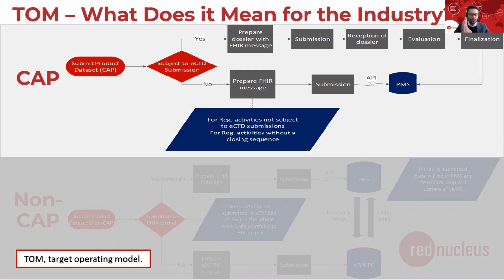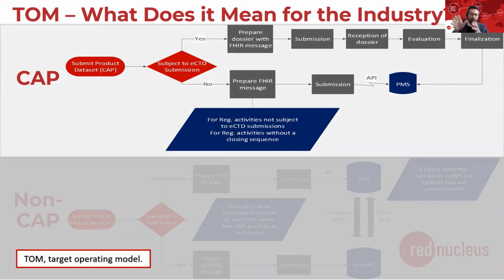So for the CAP submission process, the FHIR message will be submitted with your dossier in your eCTD working documents folder. Once submitted, the FHIR message contents will be evaluated as part of the procedure. And then the final FHIR message will be provided with your closing sequence and is loaded into PMS.